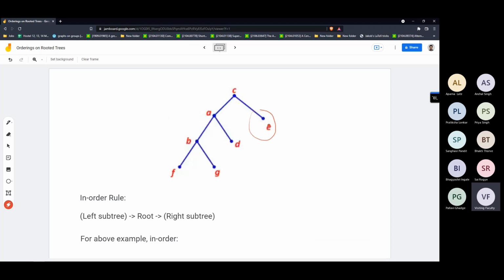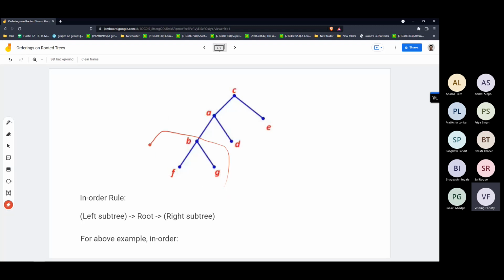This is the right subtree. The root, but you're not writing the root. You're going down to the left subtree first. So the left subtree, root, right subtree. C is waiting for the left subtree to finish. So C is waiting. I go to the left subtree. Left subtree, the root is A. Now A is waiting. I go to its left subtree.